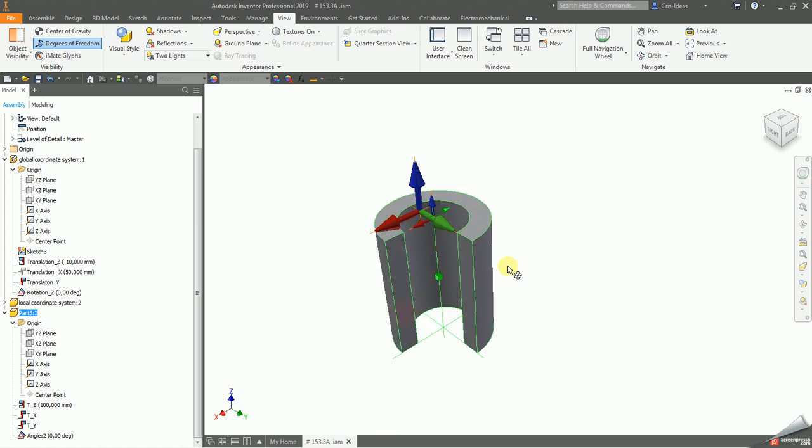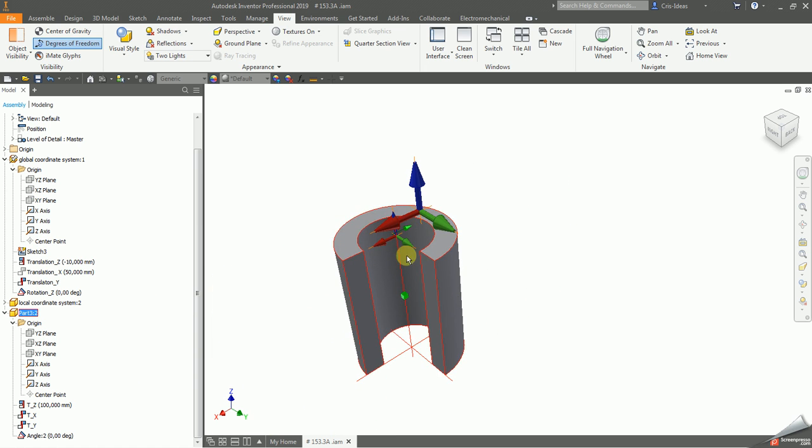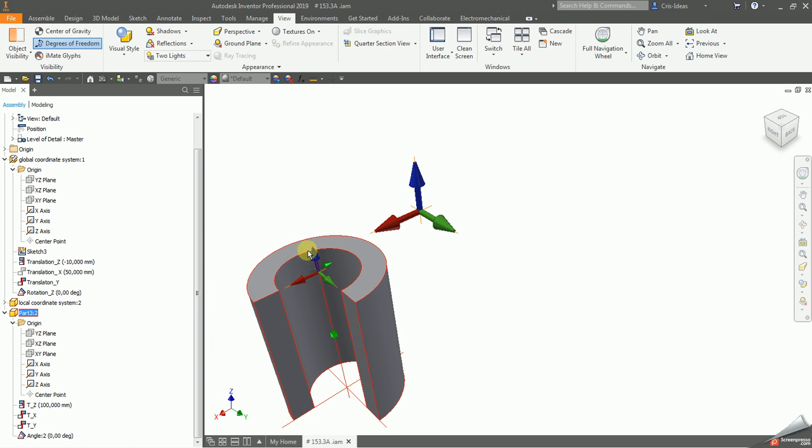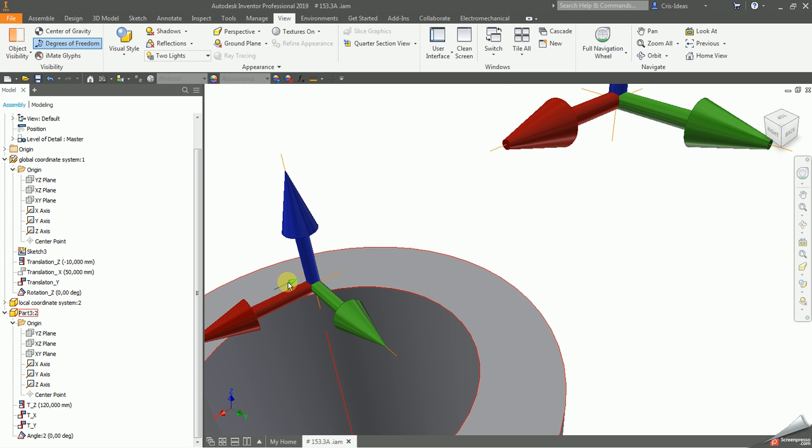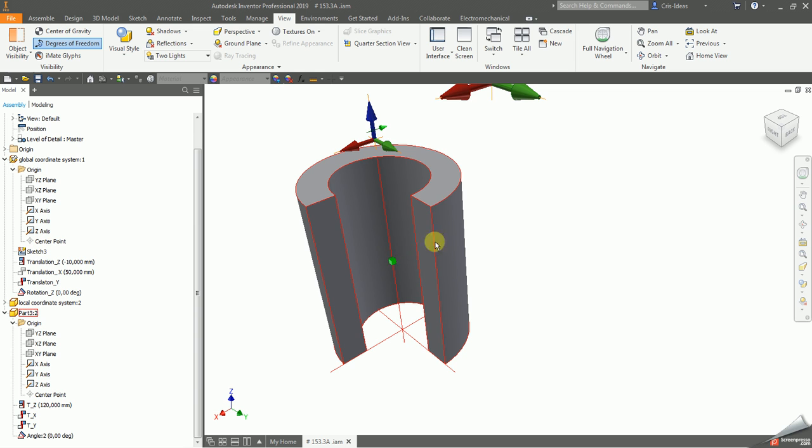So the X translation is now possible for the local coordinate system, and as we can see here, I will just make it a little longer. For the local coordinate system, we have the indication of the degree of freedom, translation along this axis, and for the part we have the indication cube.